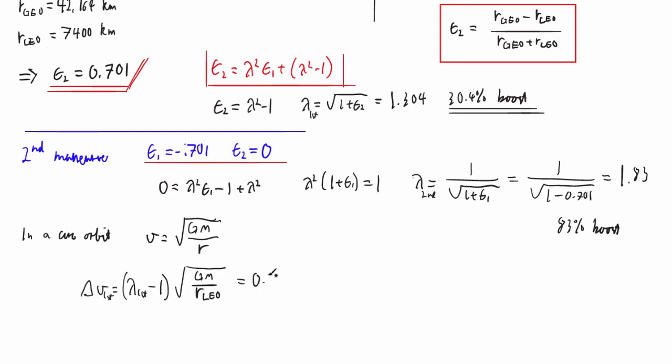So 0.304 times the square root of 6.67 times 10 to the minus 11, and then you multiply that by the mass of the Earth, 5.972 times 10 to the 24, I believe.